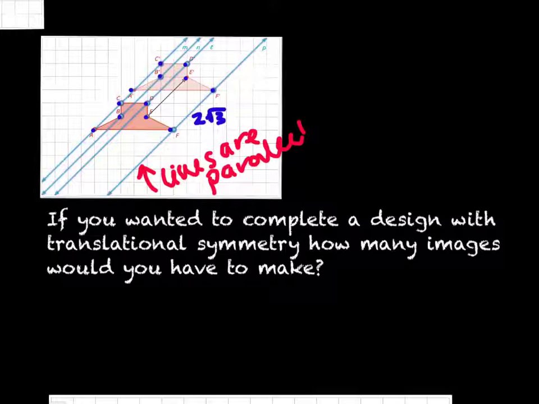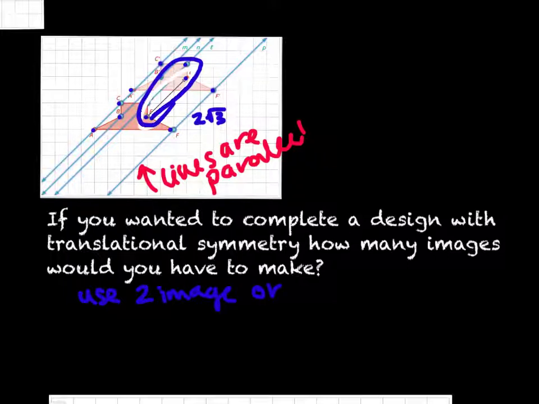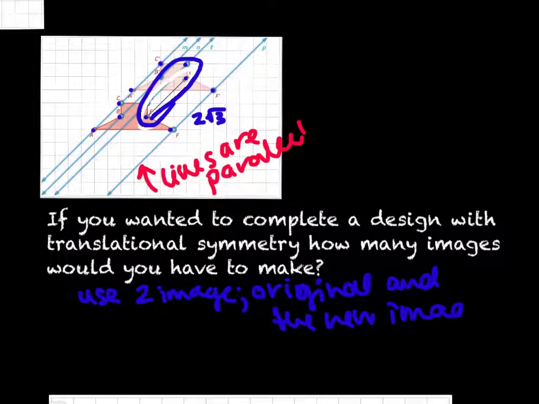As long as you knew your original image and its vector, in what direction you need to move it and how far, you should be able to use just two images, essentially seeing the original and the new image to see how it all translates. Based on that information, you should be able to complete a repeating design.